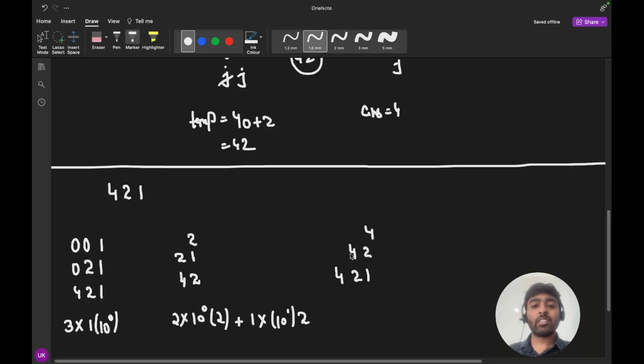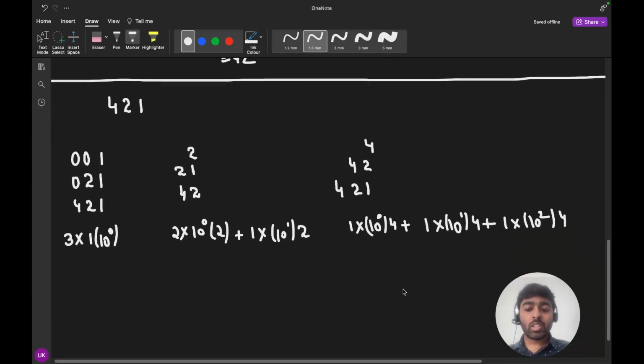One time it is coming at the 10 to the power 0 place, and the value is 4, plus 1 time at the 10 to the power 1 place, value 4, and one time at the 10 to the power 2 place with value 4.